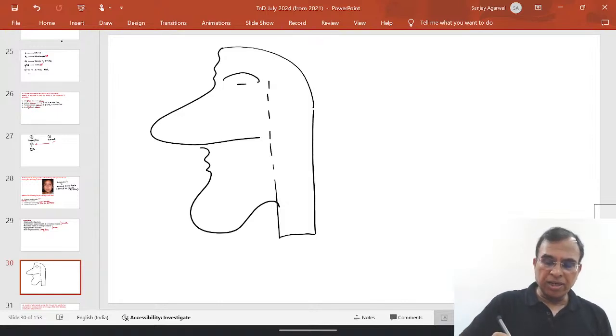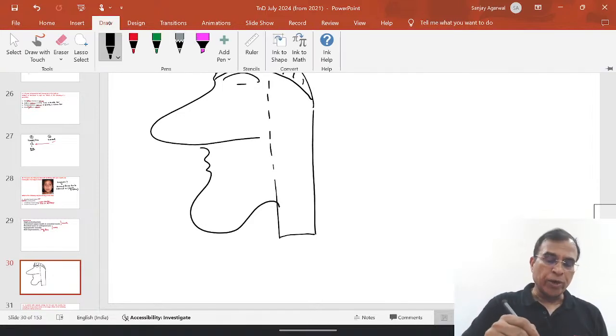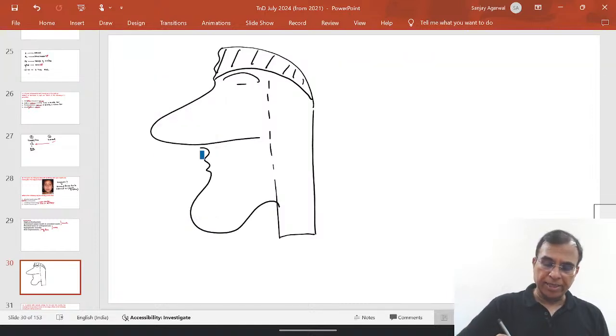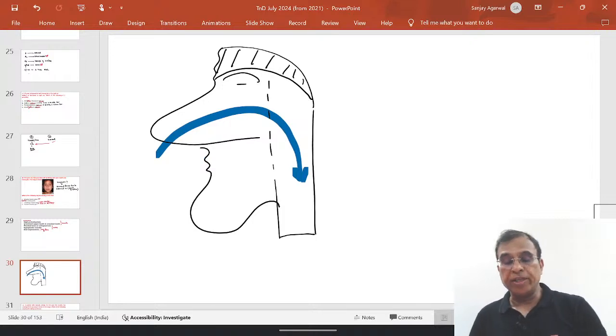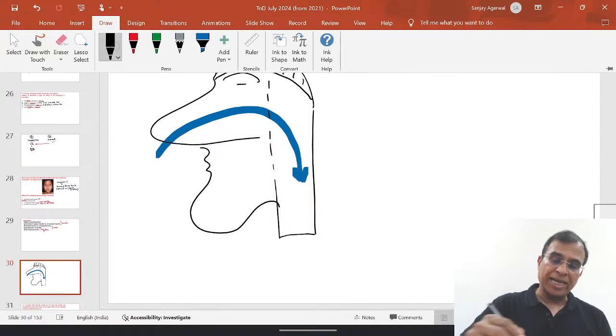Now the skull base is like this, the curved base of the skull, and that is why when I breathe, the air that enters goes in like this. This is how the air that we breathe in from the nose goes. So this is almost like a parabolic curve, and this is a very smooth lamellar flow.